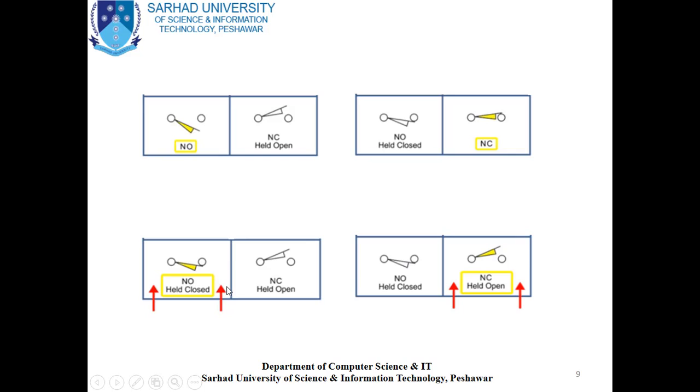If we apply a force or an object in the machine comes towards the limit switch, it will become closed. Here it is normally open. If some force is applied in this direction, it will become closed.